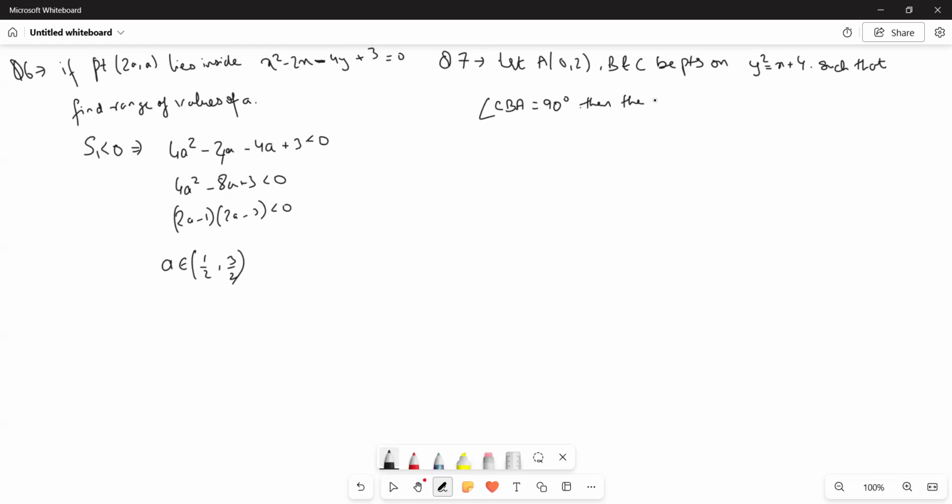Then the range of the ordinate of C is. You have to find the range of the y coordinate of C.